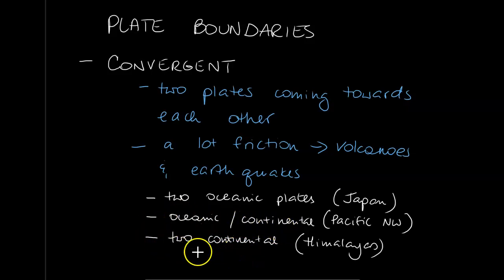Now, with two continental plates, because we have two plates that are coming together and neither one of them is going to submerge underneath the other, you are going to have huge mountains building, because that crust has nowhere else to go but up. Okay. The next type of boundary that you can have is a divergent boundary.